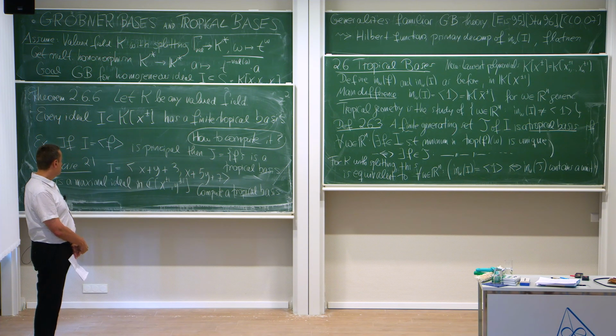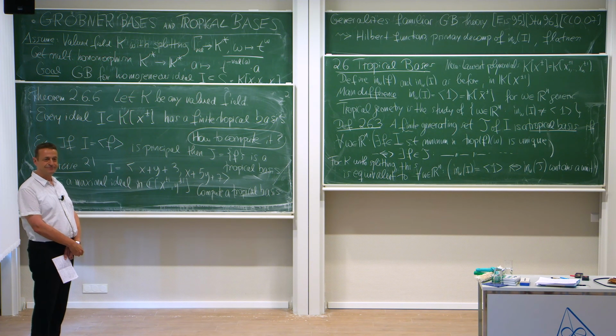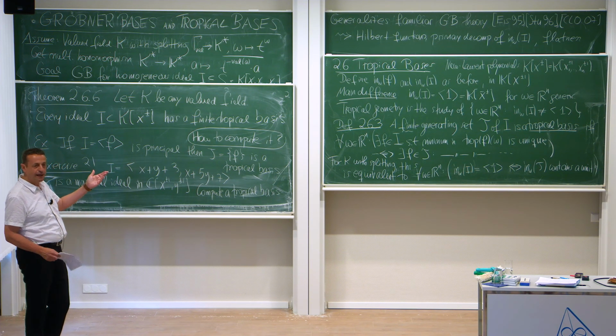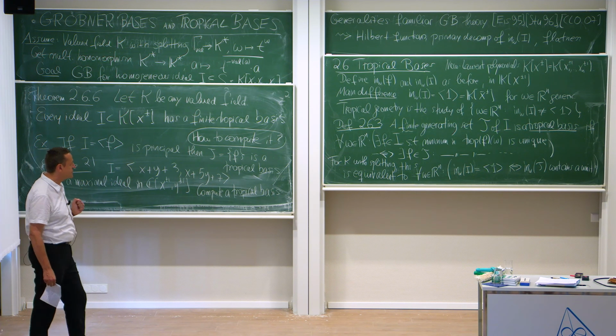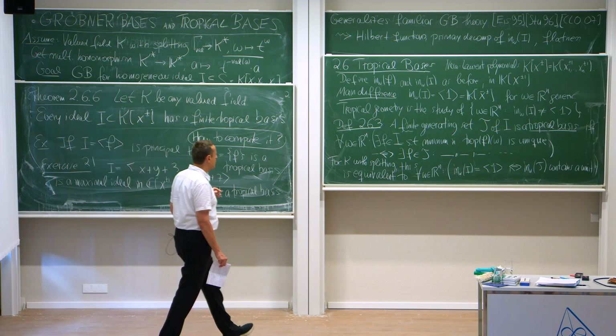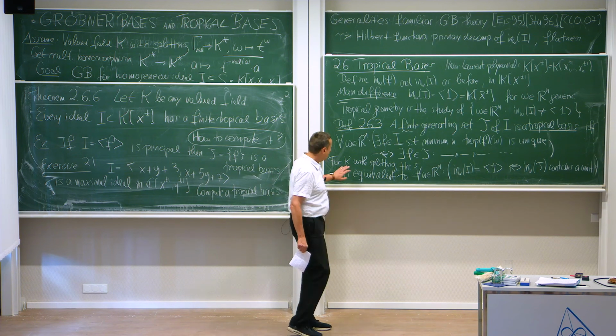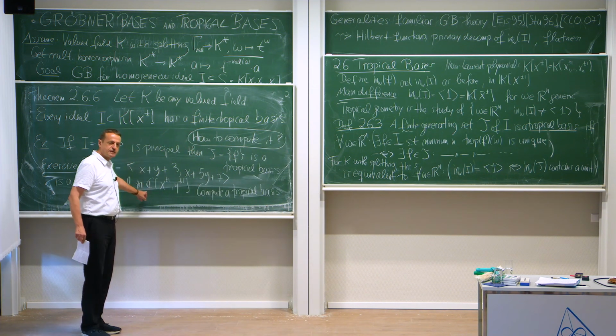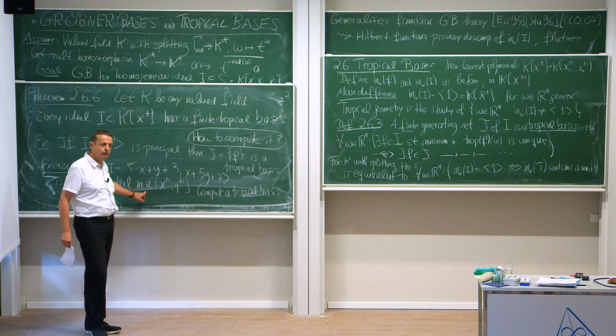Now, is this a tropical basis? Simple examples like this will be very helpful in going back and studying the definitions. The definition is that K has a splitting. Certainly C has a splitting. This is the trivial, constant coefficient situation.